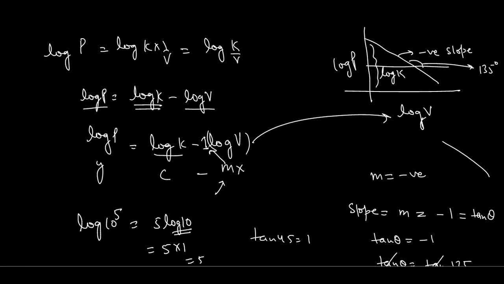This is the mathematical term that we need to discuss, and it plays a very important role in calculations of pH. You know that pH is equal to minus log of hydrogen ion concentration.